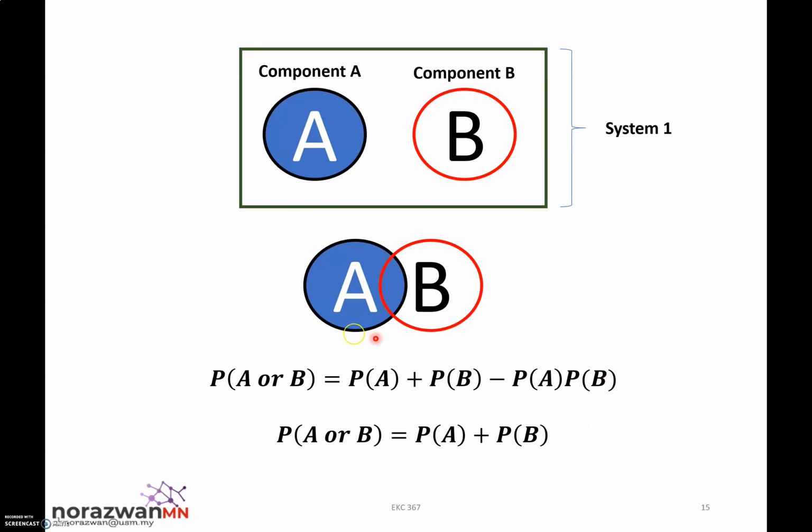This is the mathematical equation: P(A or B) is equal to PA plus PB minus PA PB, because there are two layers of overlapping here.